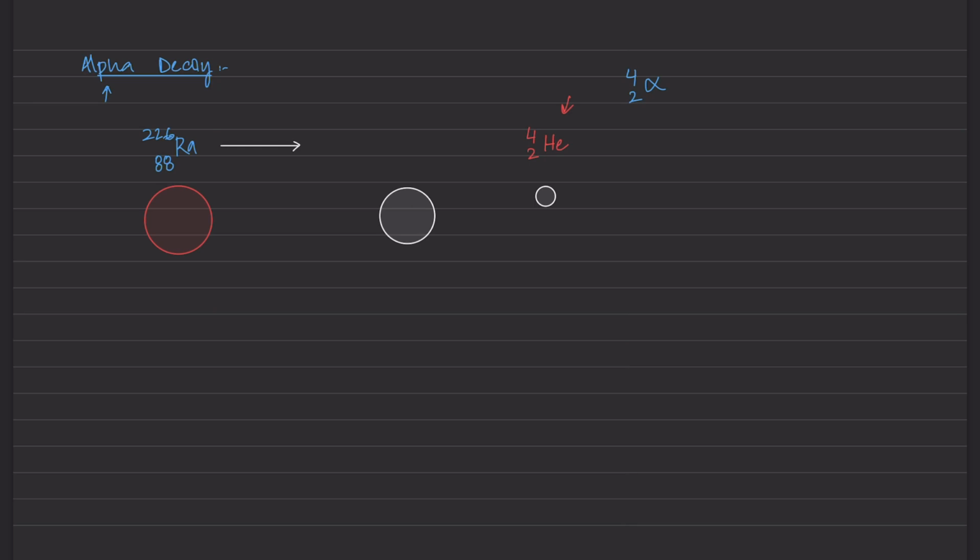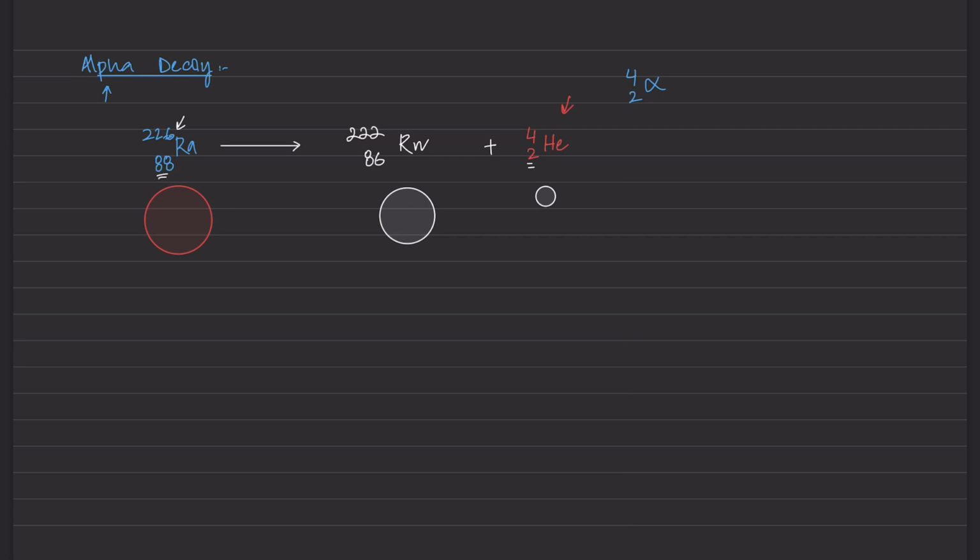Now what are the remains? Out of 226, how much did we lose? We lost 4, so that now turns into 222. How much of 88 did we lose? We lost 2, so it's now going to be 86, and this turns into Rn, which is radon.